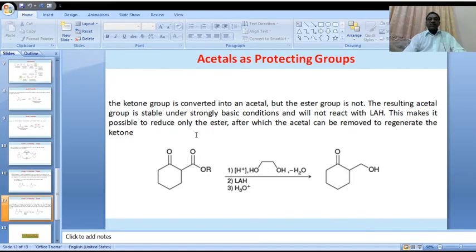After the reduction of this ester, we remove the acetal and regenerate the ketonic function group. This particular ester is converted into alcohol. Okay, is it clear, all of you?